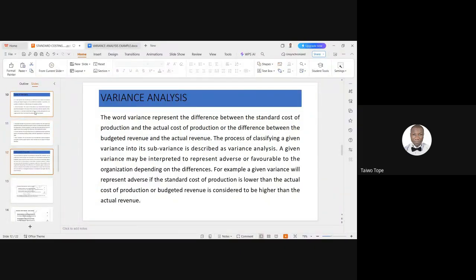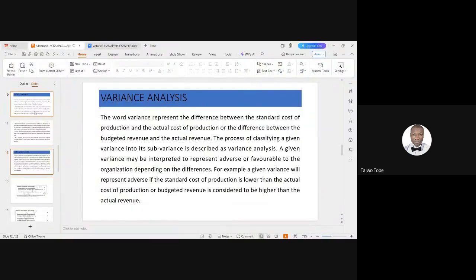Based on what I have on the slide, the word variance represents the difference between the standard cost of production and the actual cost of production. It's a process of comparing standard, that is the planned cost or revenues, with actual results in order to identify, analyze, and control the differences. And the difference is termed the variance.